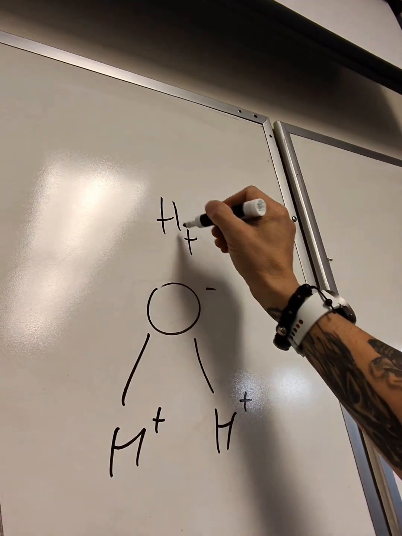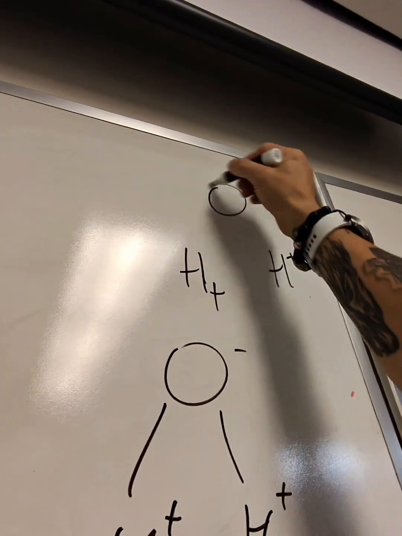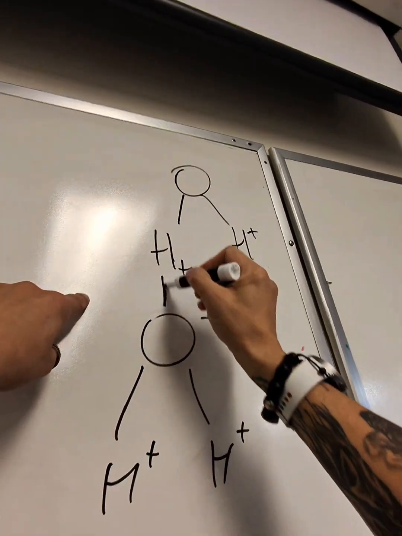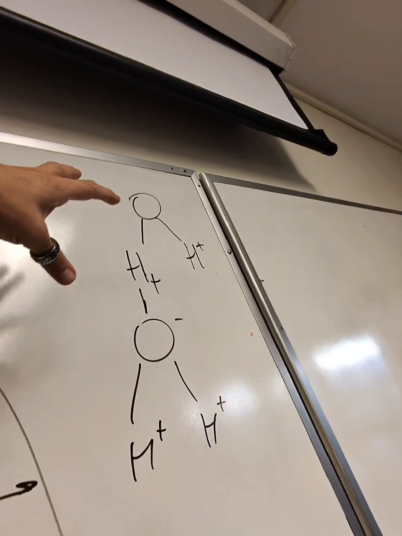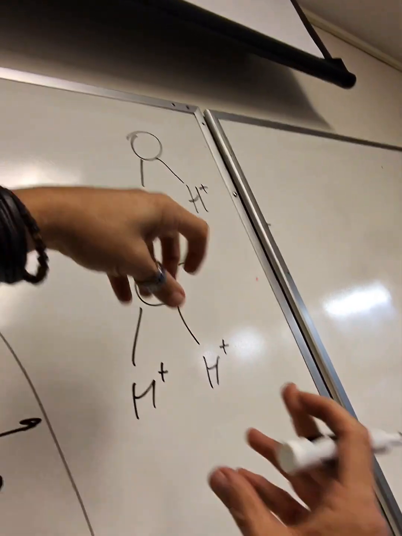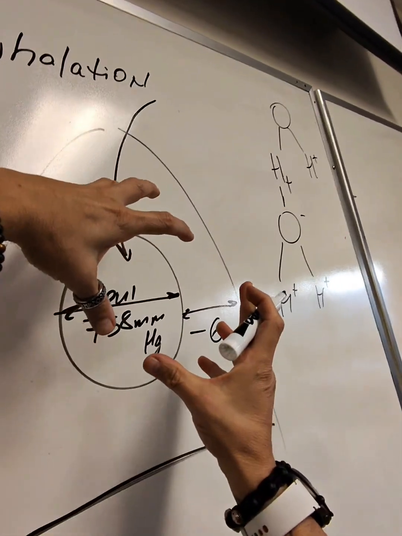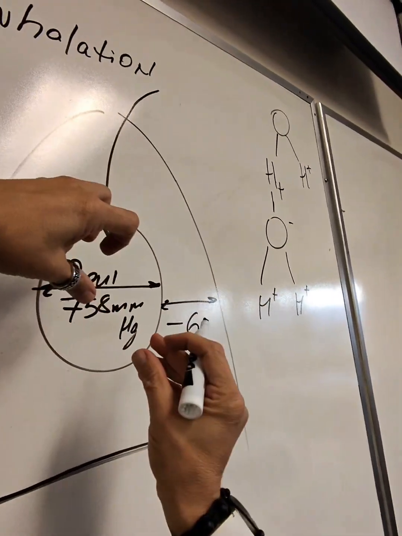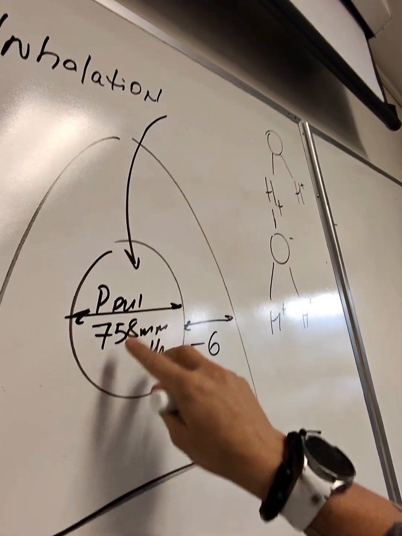Hydrogen, and there's another hydrogen, and there's the oxygen. So here, water molecules create hydrogen bonds, and this phenomenon creates surface tension. So the lungs naturally want to recoil, they want to collapse. So that's a natural pressure, 758 approximately.